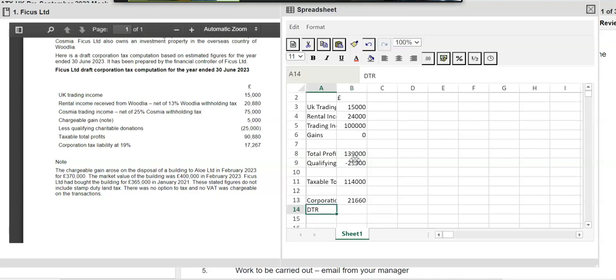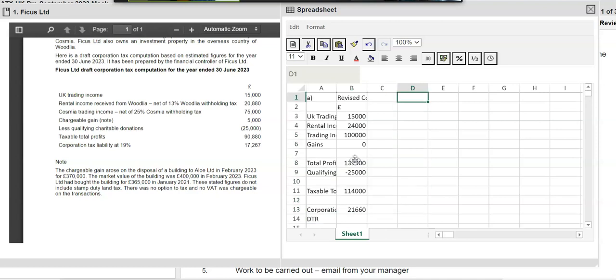So we have to make the calculation for DTR, right? Let's make working number 1. Double taxation relief. So we have 2 double taxation reliefs. One on the rental income. Exactly. So rental income, if I write the UK tax, how much would it be? The rental income was 24,000, right?